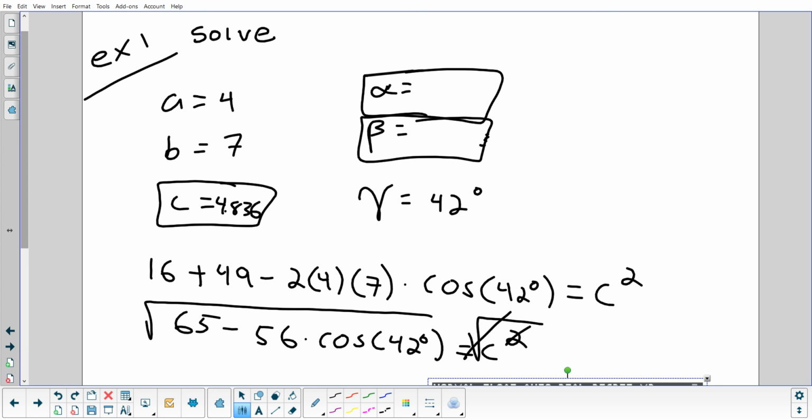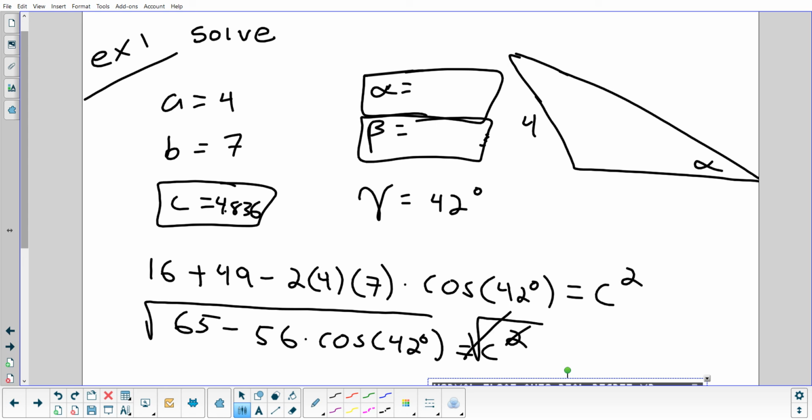Now, let's take a second and sketch that. Let's see what's going on here. Remember the kind of triangle that it was originally. Okay, so let me put that information first. A, alpha, B, beta, C, and gamma.